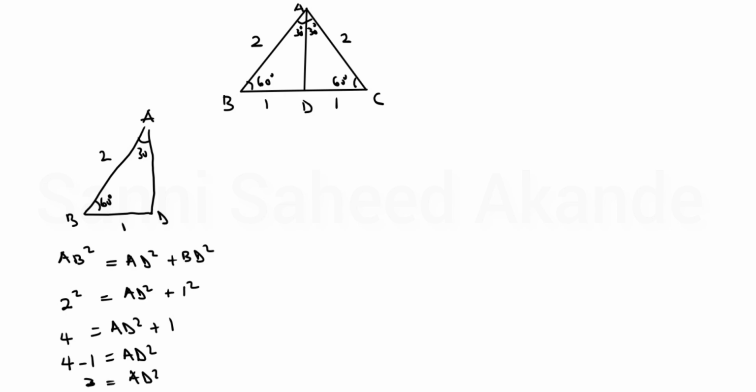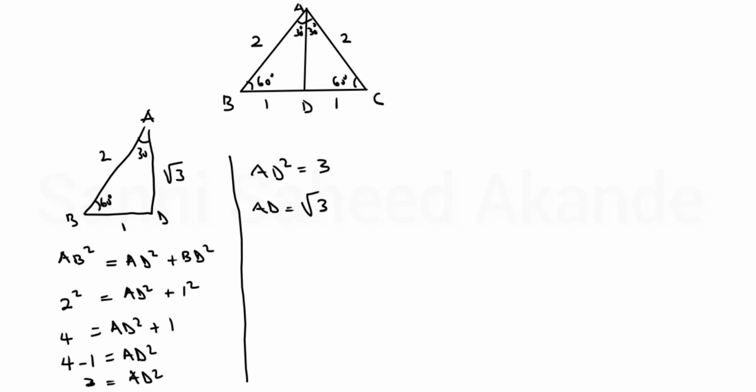All right, so finally you can just conclude and say AD squared is equal to 3. If you take the square root of both sides, you now get your line AD to be equal to root 3. Is that understood? So this side AD is giving us root 3. All right.